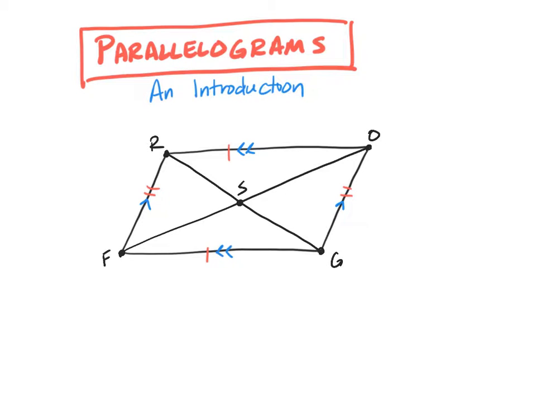If FS is, say, 12, SO would have to be 12 because it bisects each other. So you have all this symmetry here. Let's call this RS 9. That means SG has to be 9. Again, more symmetry. That means RG, this whole thing, would have to be 18 because it's 9 plus 9.